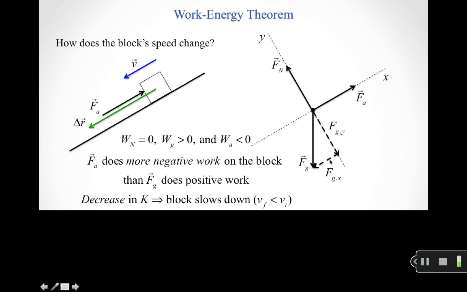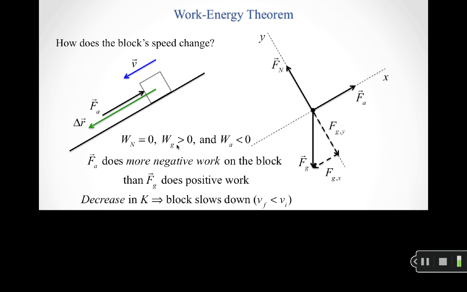The gravitational force has a component that points down the incline, so it's going to do positive work. And the applied force points opposite the displacement, so it's going to do negative work. So the normal will do no work, the weight will do positive work, and the applied force will do negative work. If I have a very large applied force, so its magnitude is larger than this component of the weight, then the negative work done by the applied force will be larger than the positive work done by the weight.